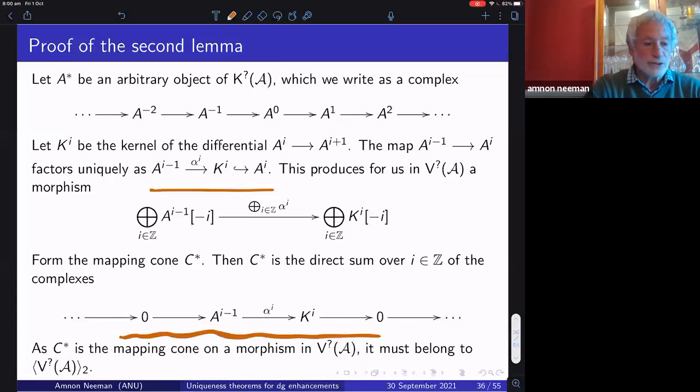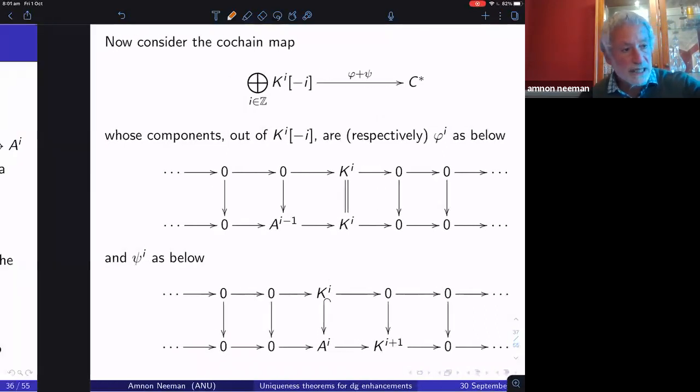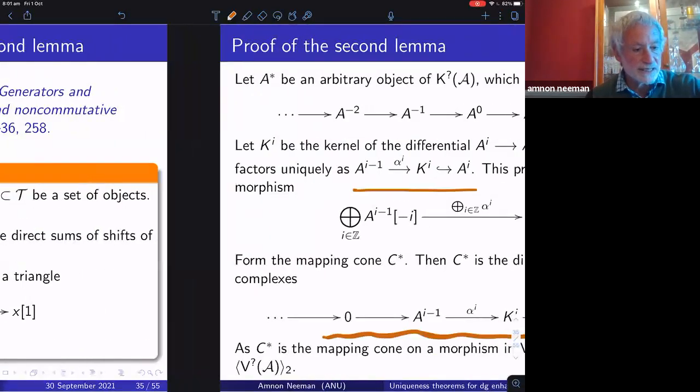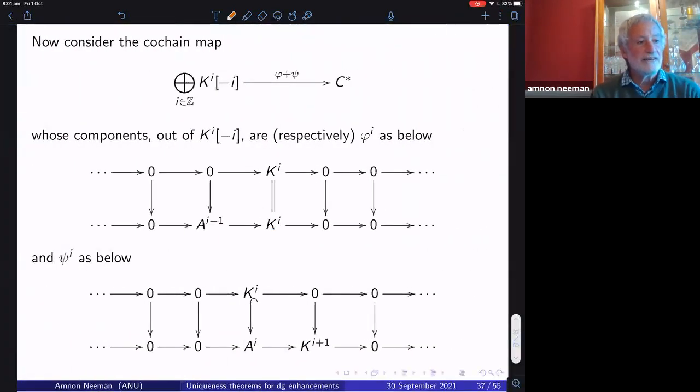Okay, so far so good. Now I consider 2 maps. This is the complex I call C star. C star is the direct sum of these. Now I have a map from Ki to C star.